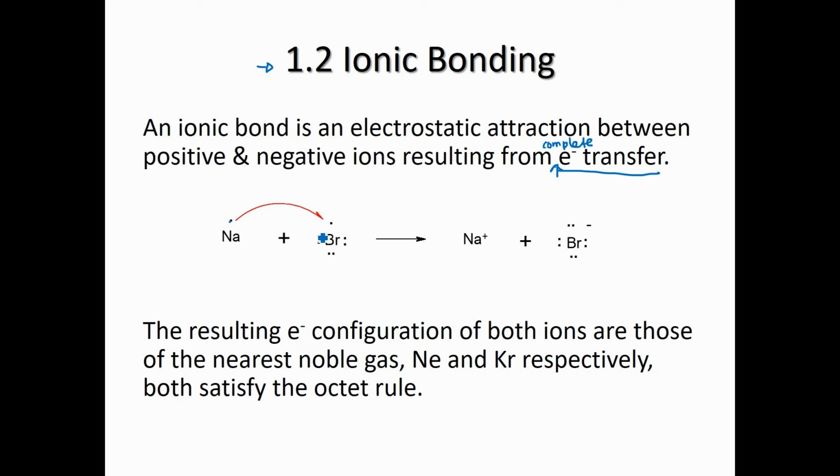Why? Bromine has a valency of 7, it's a main group element 7, and its outermost shell lacks 1 electron. So why would we not give it the 1 if sodium has that extra 1? Sodium is in group 1, so the valence is 1. Bromine is in group 7, so the valence is 7.